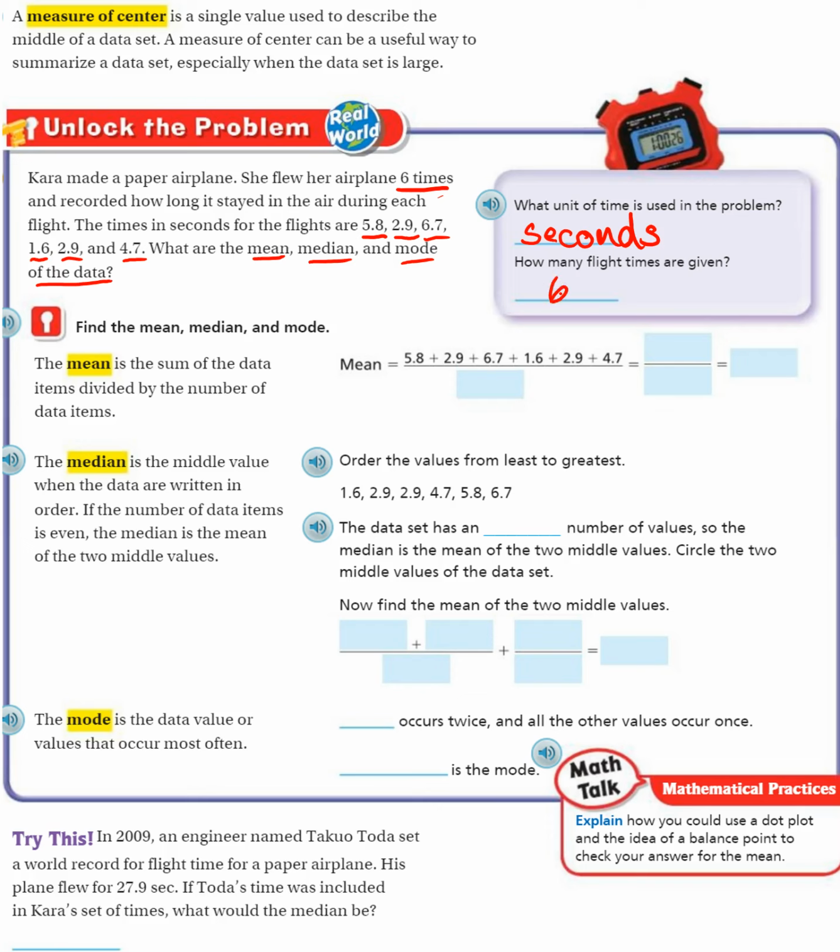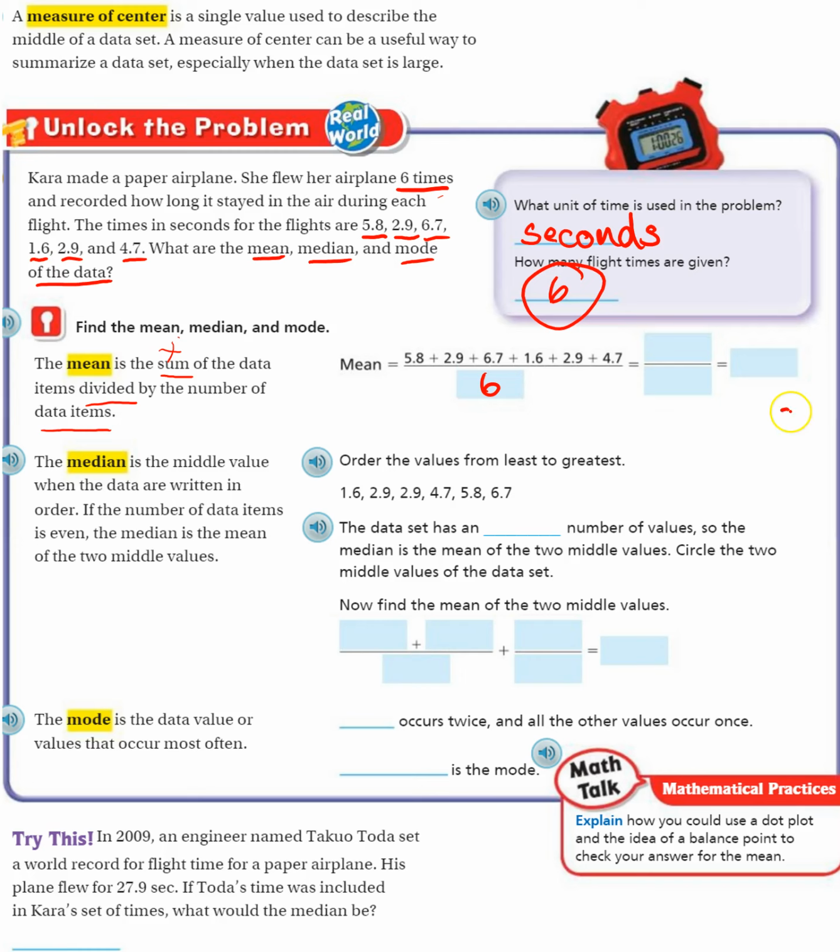6. Okay. The mean is the sum, so we're going to be adding, of the data items divided by the number of data items there are. So we take all these numbers, all these data points, and add them together and then divide by how many there are, which is 6.